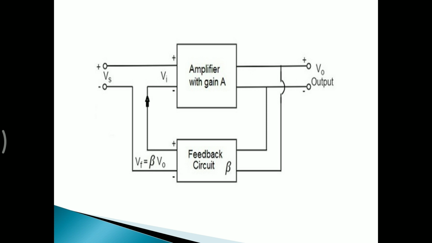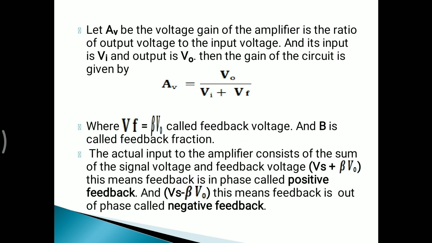That voltage is given to the input signal from the feedback circuit. That voltage is called the feedback voltage, denoted as Vf, which equals beta into V naught. Let us consider AV to be the voltage gain of the amplifier.